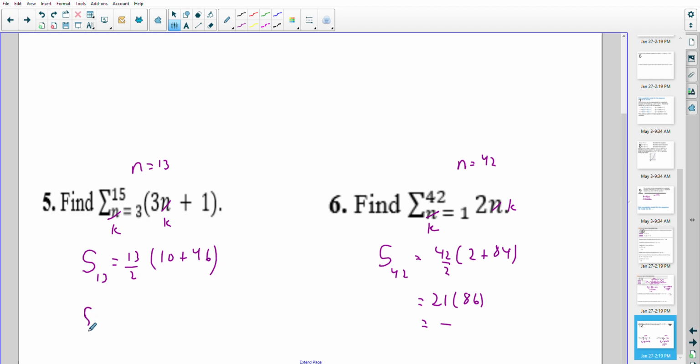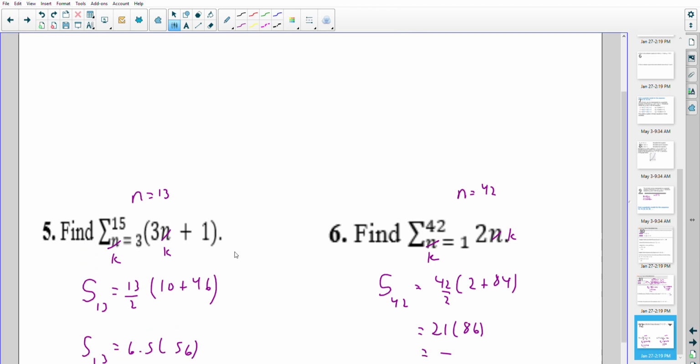So that sum is going to equal 6.5 times 56, and you get your answer. So be very careful where this starting number is not equal to 1. You have to remember, subtract the numbers and add 1 to find your total number of numbers. So what I did here is I basically used the series formula and found out what the sum is of all these terms.